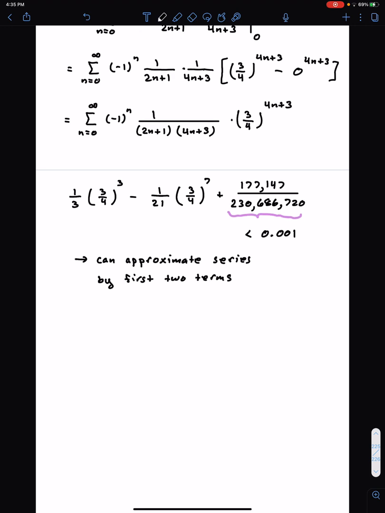And if I combine those first two terms, I get 0.134. So that would be an approximation for the series.